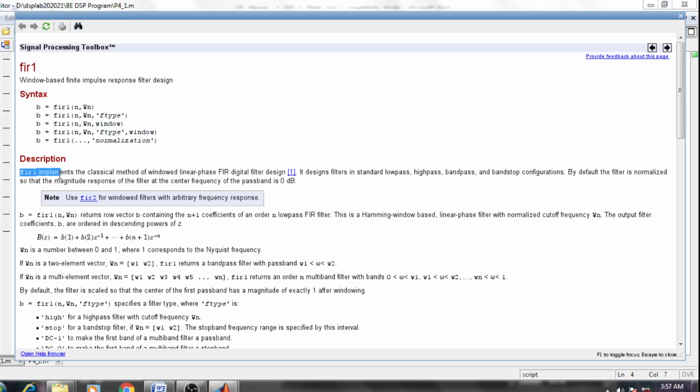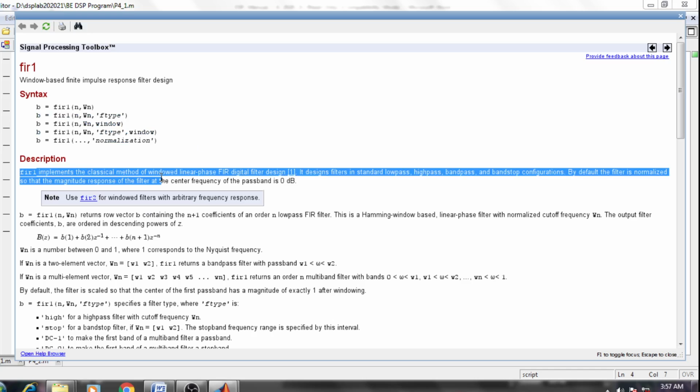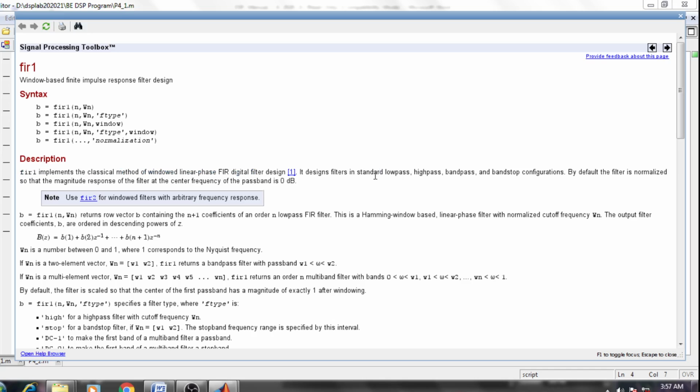FIR1 is used for implementation of windowed linear phase FIR filter design. You can design high pass, low pass, band pass and band stop filter configurations.